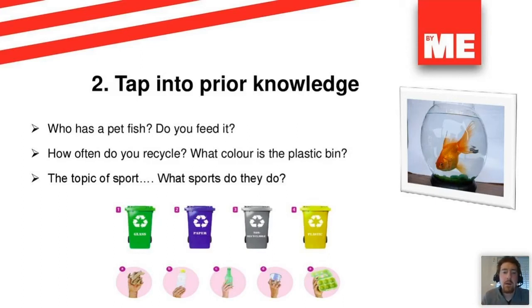Or recycling, encouraging recycling not only in the classroom, but I'm sure most of our students practice recycling at home. They can identify where the plastics go, where the glass goes, where the papers go, and the different colors. So they've got some type of reference in their life and they can connect it to their classroom learning.